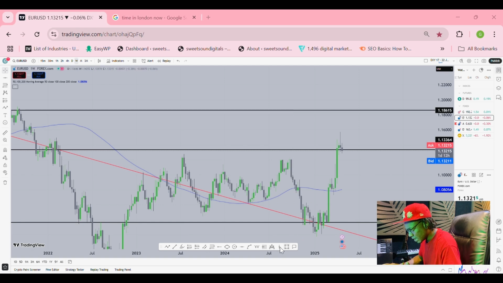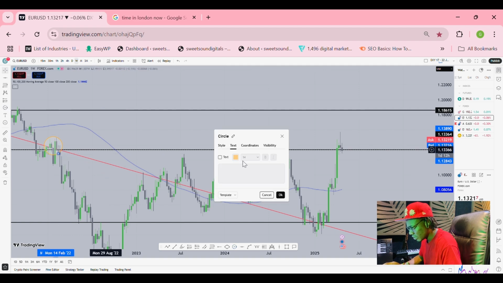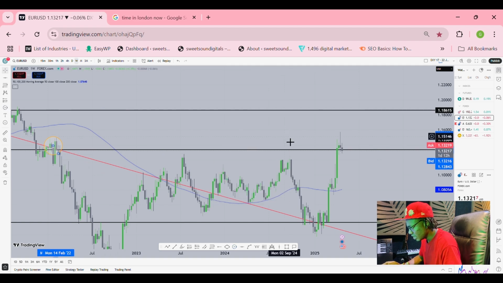All right, and you can see this zone here, very tough zone here, very tough zone here, right? This zone here has been here since February 2022, and this is the second time price is coming to that area. So we're expecting a rejection from this zone, the sellers resting on this zone.